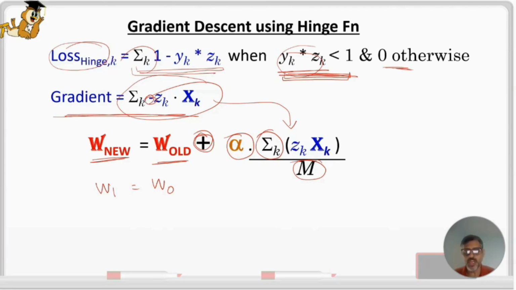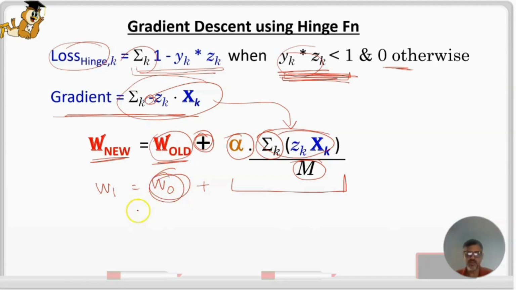I will have more to say about how to choose your initial point in just a minute on the next slide. But these were your initial weights, and your W1 was simply W0 plus this thing, and this summation would run over all those points for whom the margin was less than 1 when W0 was used. Okay.